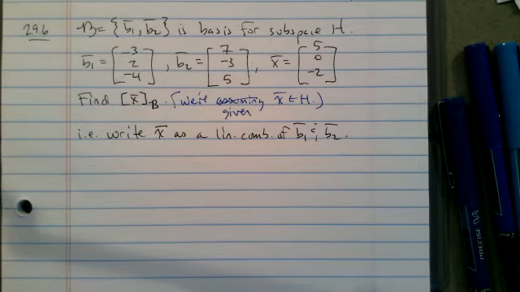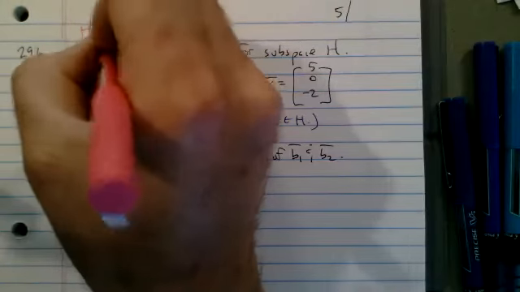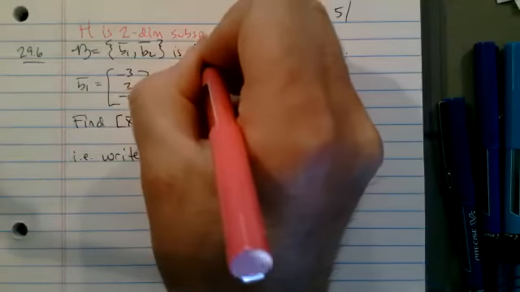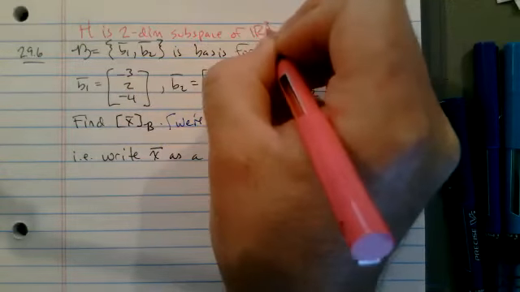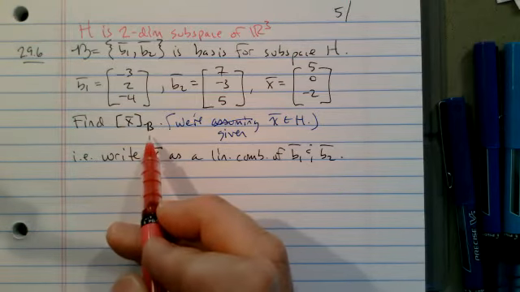So first things first, notice that H is a two-dimensional subspace of R3. So the coordinates of x relative to B are going to be in R2.